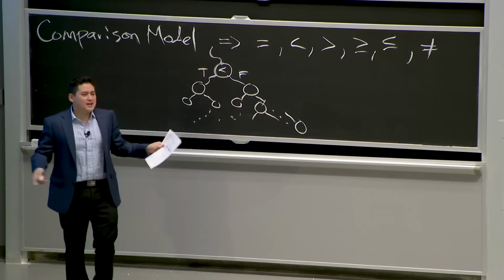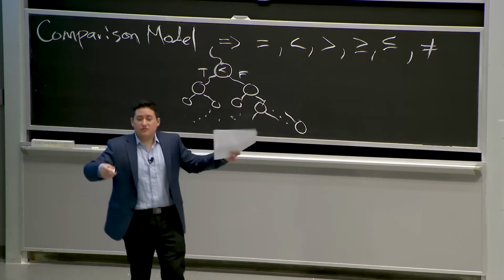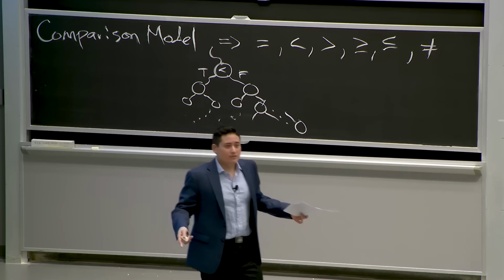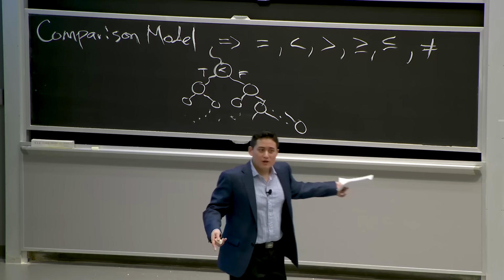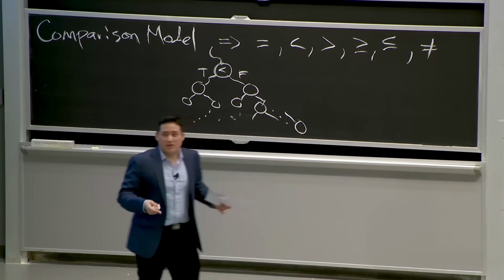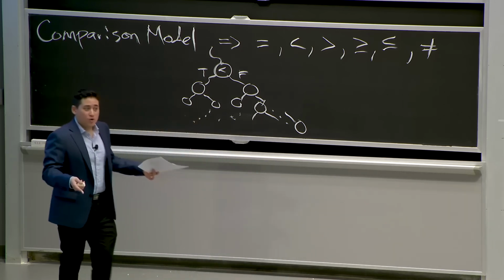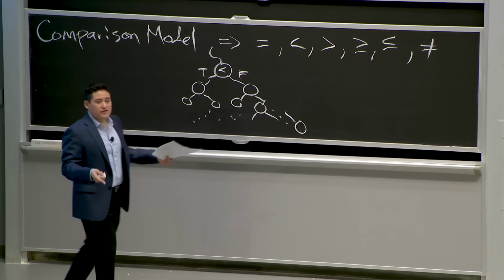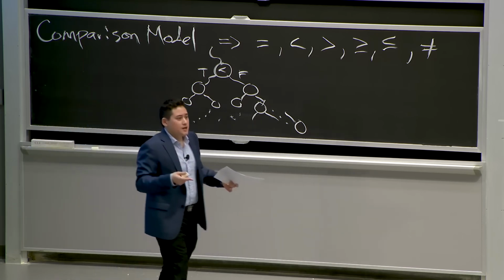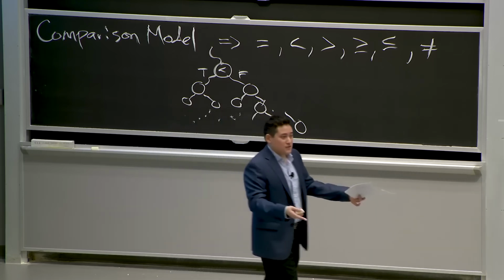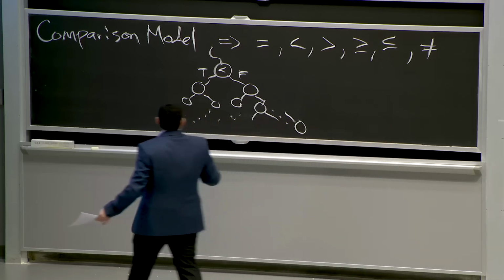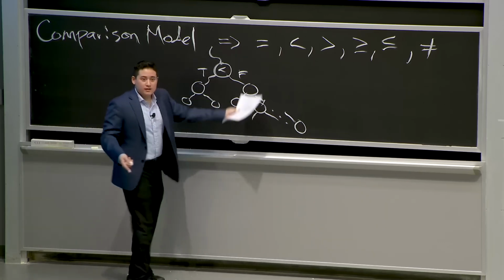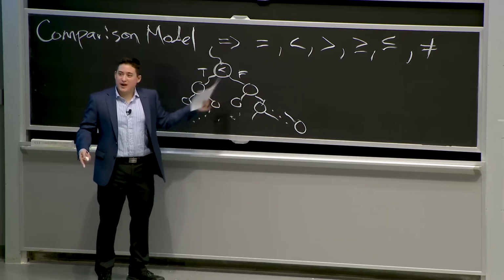I'm not actually counting the rest of the work that the program does. I'm really only looking at the comparisons, because I know that I'll need to compare some things eventually to figure out what my items are, and if that's the only way I can distinguish items, then I have to do those comparisons. Does that make sense?